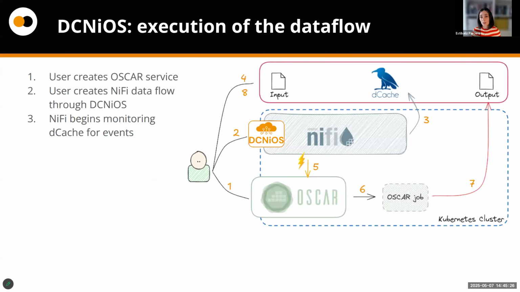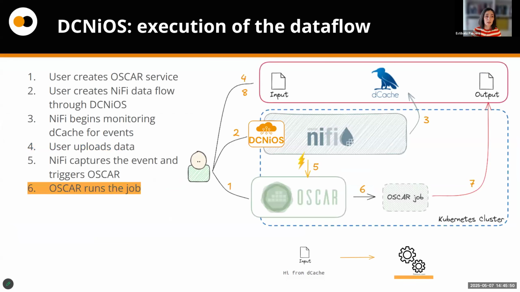So the execution of this data flow could be like this. First, the user creates an OSCAR service, then creates the NiFi data flow using the DCNews tool, and NiFi begins to monitor the cache for events. So once the user uploads new data, like for example, this input file that contains this text, NiFi is going to capture that event and is going to trigger an OSCAR service, and OSCAR is going to run the job.